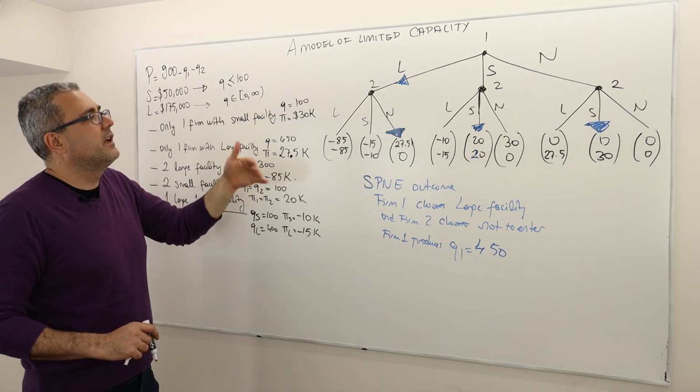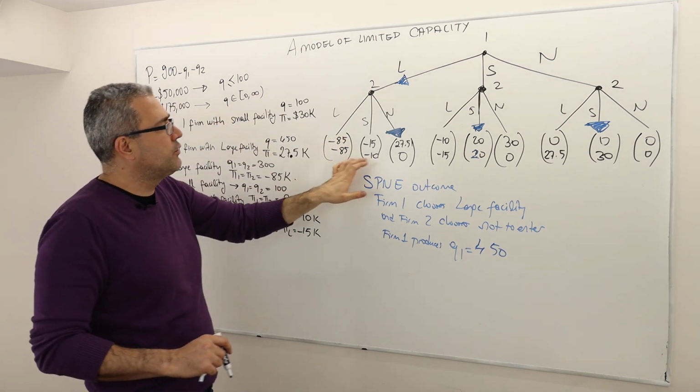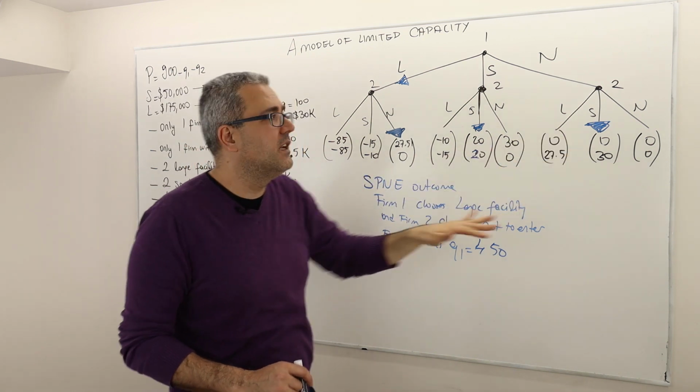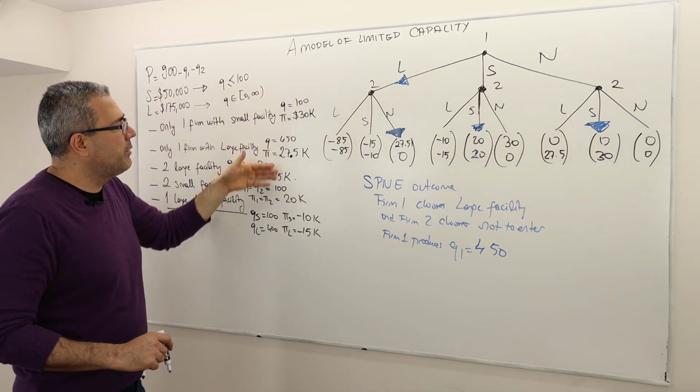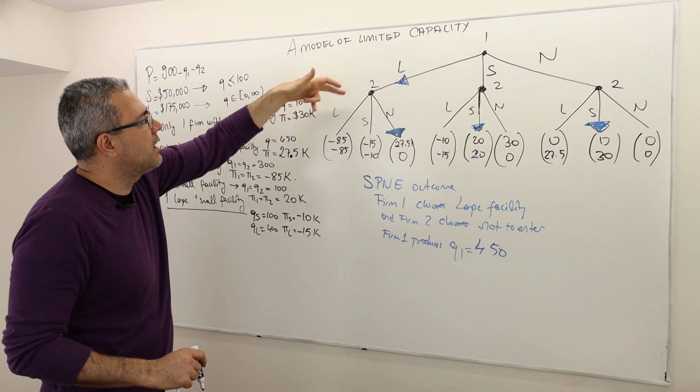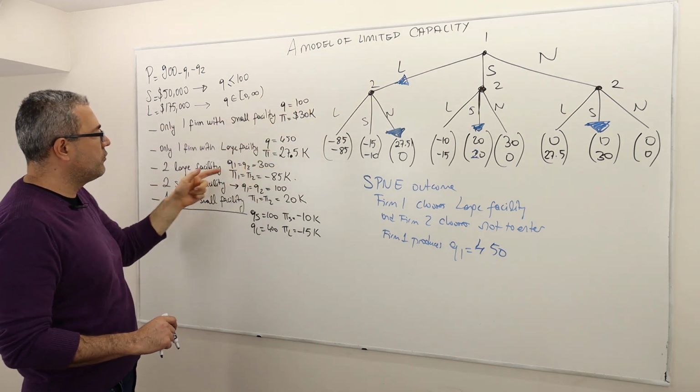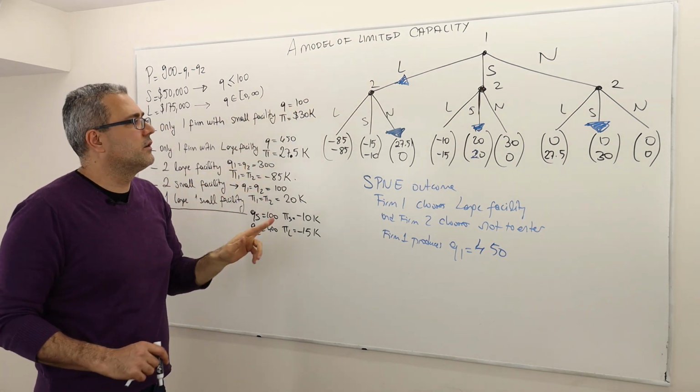The quantities in all these 1, 2, 3, 4, 5, 6, 9 subgames will be as follows. For example, here, large, the quantities are going to be both firms producing 300 units.